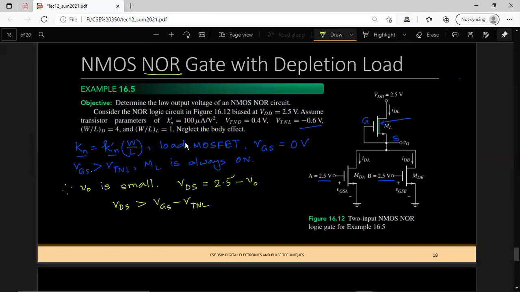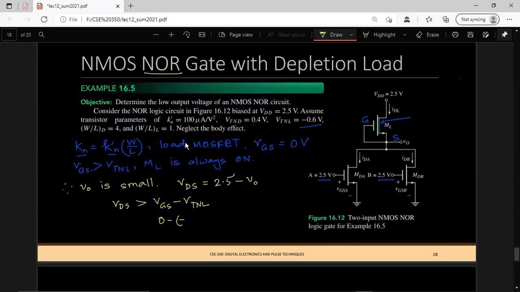This may not be true, because it could happen that both of these transistors in the driver circuit are turned off. But for this condition, we can almost say that VGS is 0 and VTN is around minus 0.6.